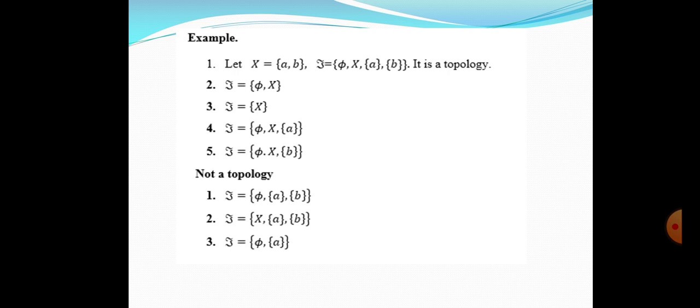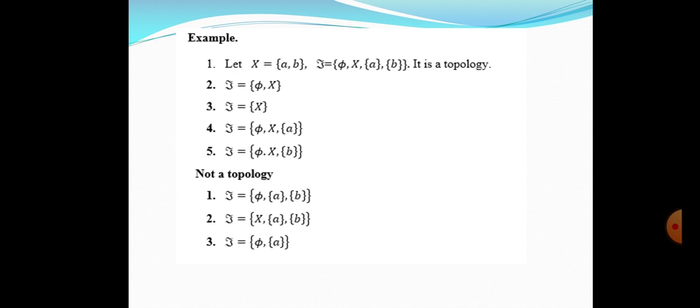Empty is there. X the whole set equals the set of all A, B. But it is not there in that set. So the first property has failed, so it is not a topology.